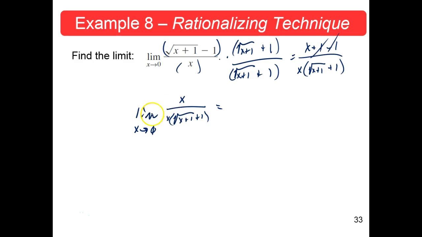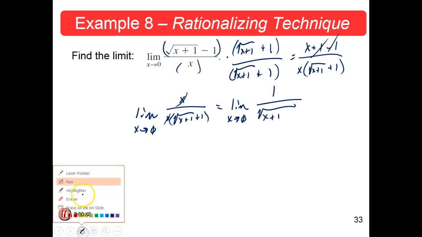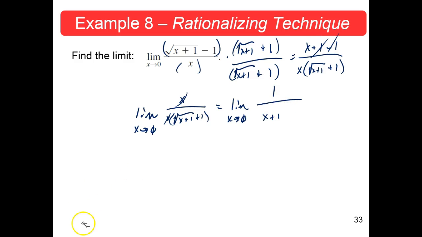Why did we do this? So we can factor out the x's. So this becomes the limit, as x approaches 0, of 1 over the square root of x plus 1, plus 1. I made that way too long. Okay?